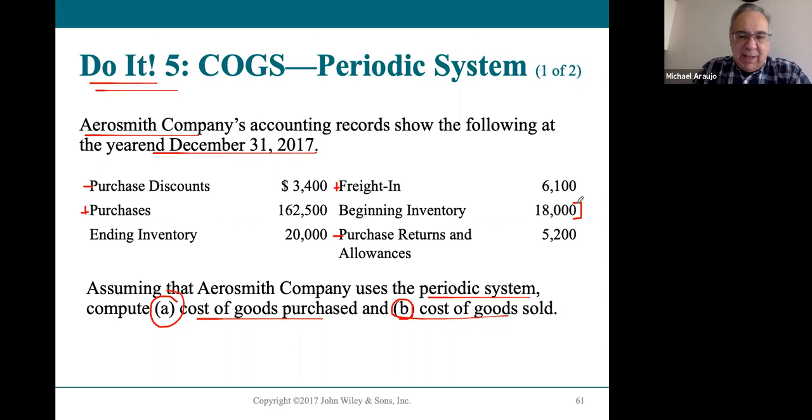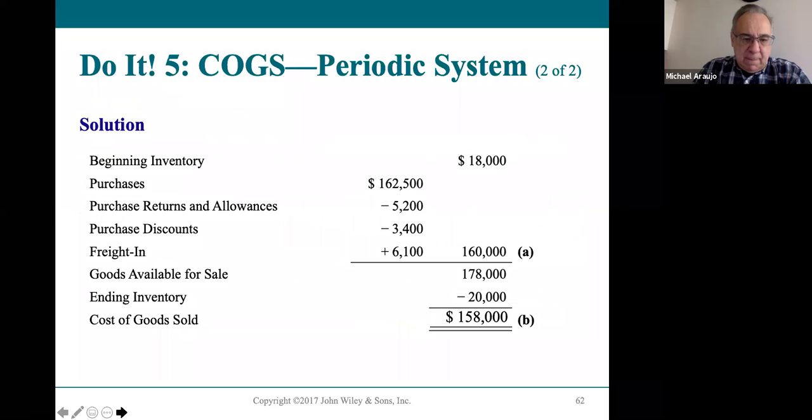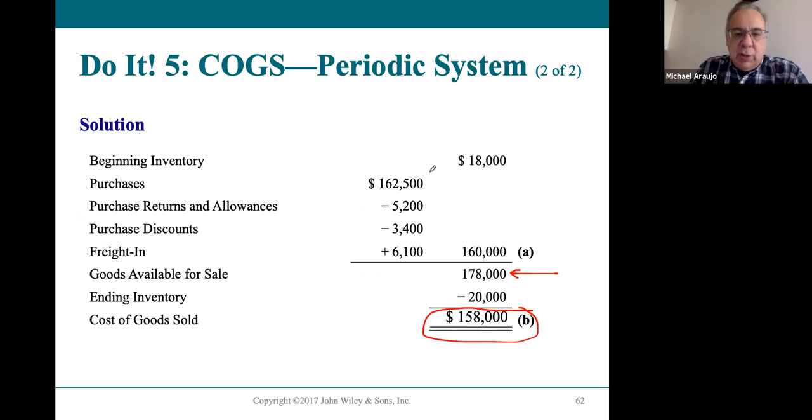When you add the purchases with the freight and take away the discounts, that's going to be your goods purchased. Once you get your goods purchased, you add it to your beginning inventory. And that's going to be the total goods available for sale. Subtract out what's left in the store, and we have to assume the rest you've sold, so that becomes your cost of goods sold.